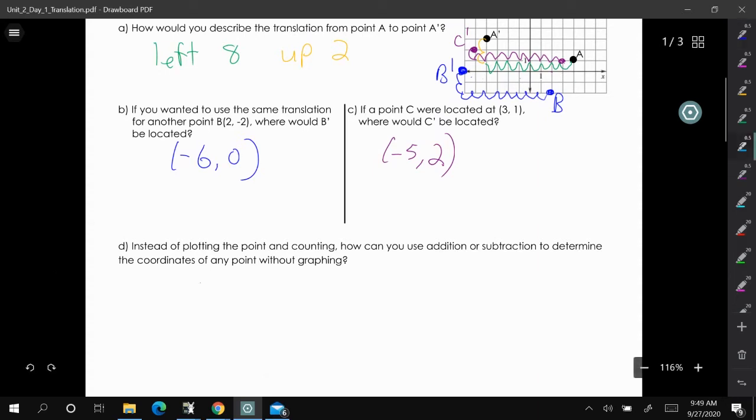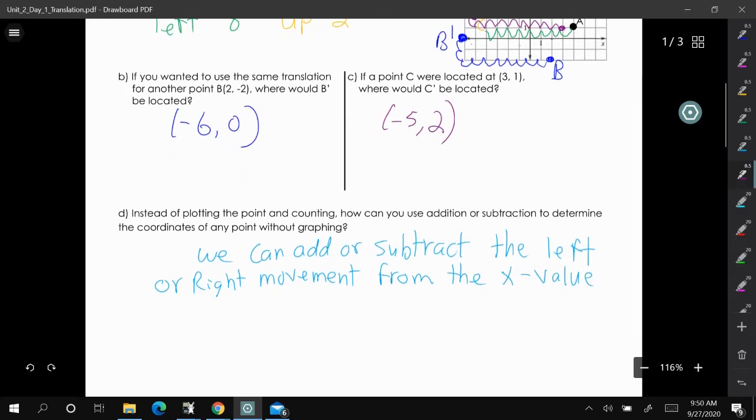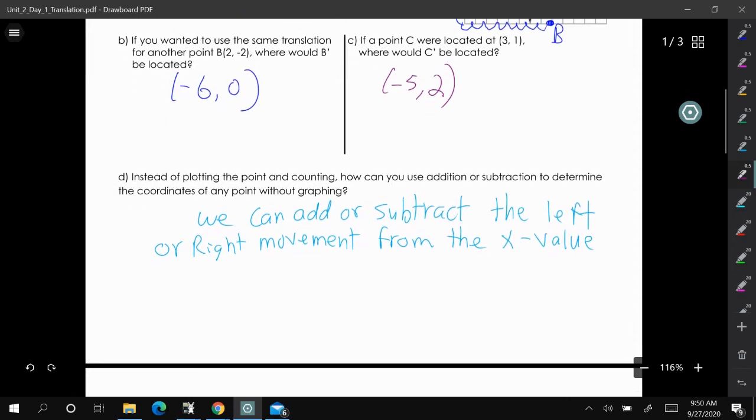We can add or subtract the left or right movement from the x value, and then for y we can do the same thing.